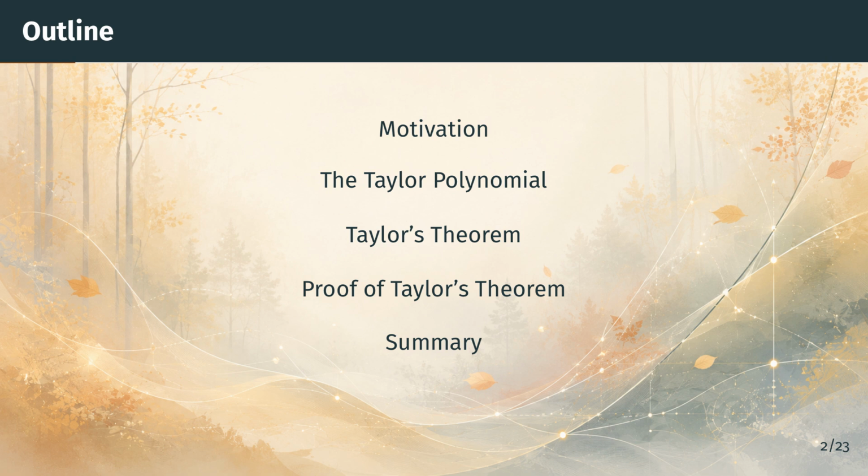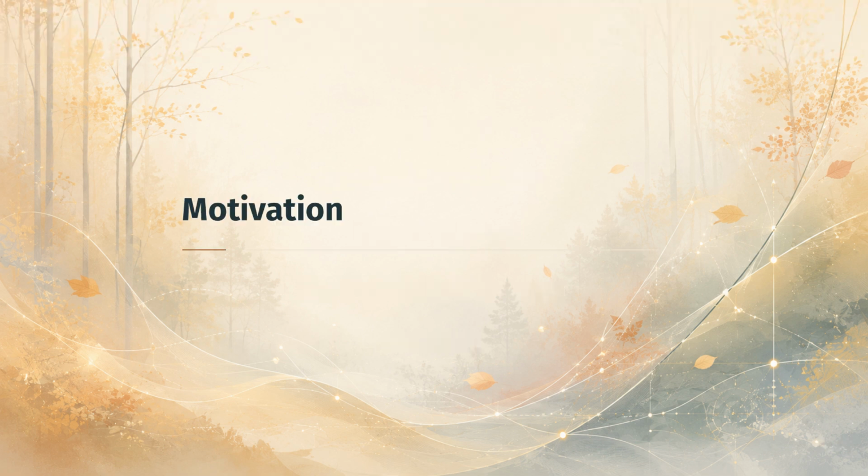With the polynomial in hand, we state Theorem 5.15. Look at its special case and see how it lets us estimate errors in practice. The heart of the episode is the proof, a beautiful cascade of mean value theorem applications. Finally, we summarize and preview the last section of this chapter.